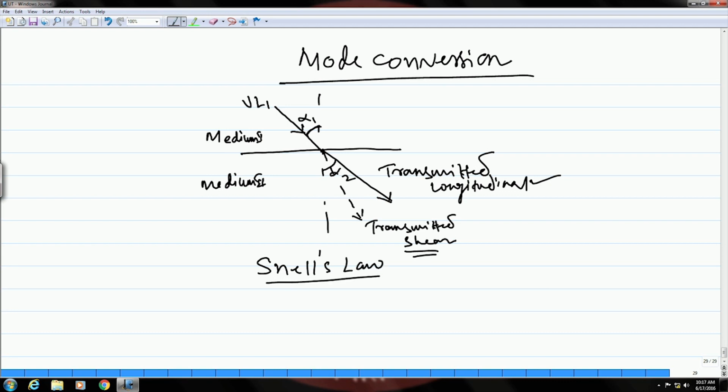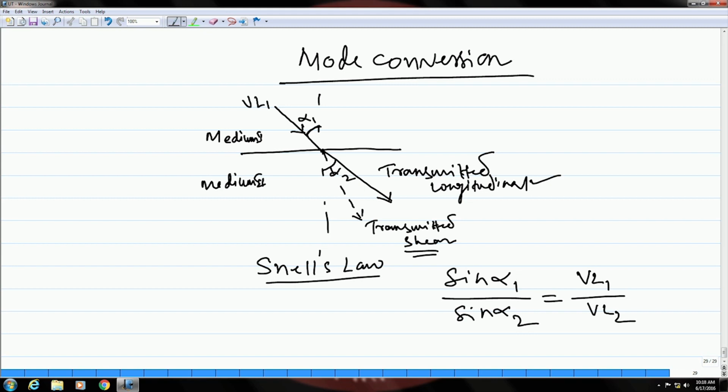Which says that the ratio of sine angles in these two medium, that is sin alpha 1 by sin alpha 2, will be equal to the ratio of the velocities in those two medium. So, this will equal to V L 1 and V L 2, wherein V L 1 is the velocity of the longitudinal waves in medium 1 and V L 2 is the velocity in medium 2.